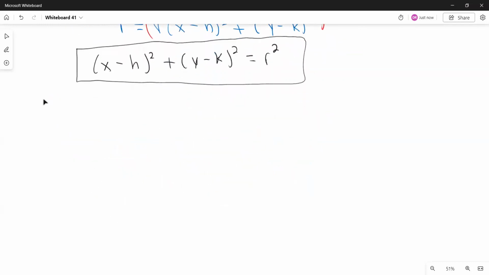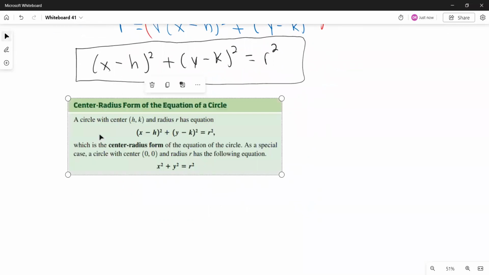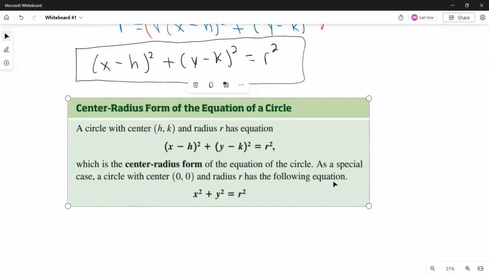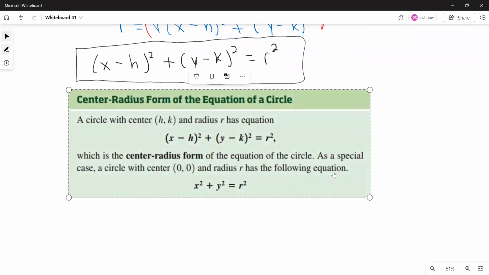That's on page 195. A circle with center h, k and radius r has equation x minus h squared plus y minus k squared equals r squared, which is the center radius form of the equation of the circle.